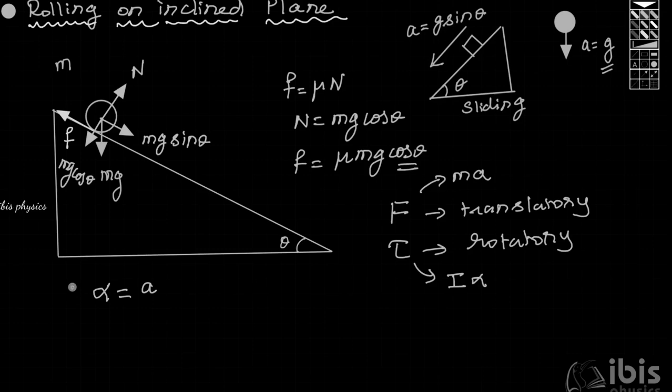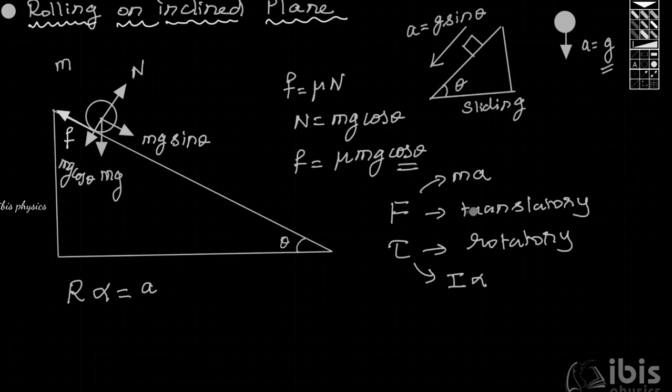So we can say that a is equal to r alpha, where r is the perpendicular distance. This could be a sphere or a ring or a disc or anything, the radius of that is r. So the linear acceleration a is equal to r into angular acceleration alpha. These are things that we need to know now.